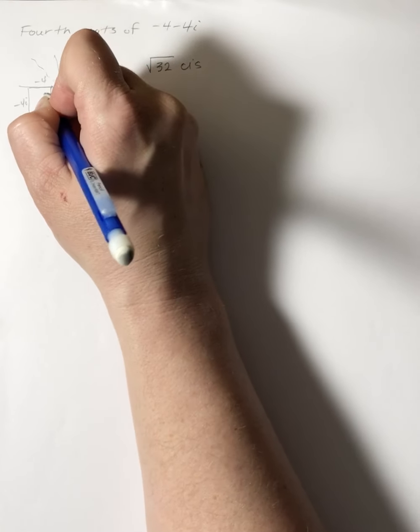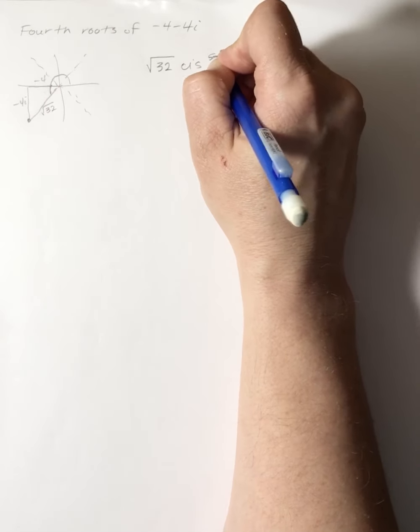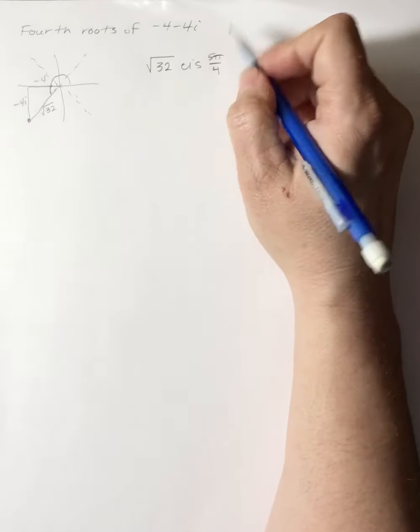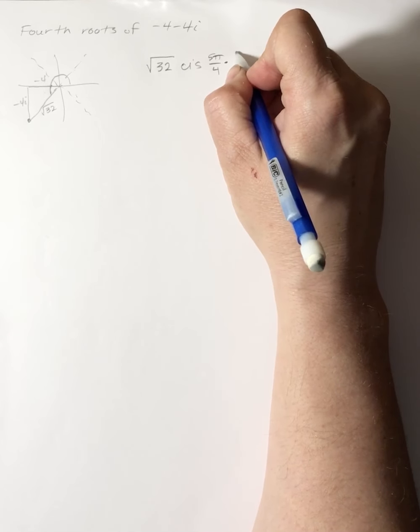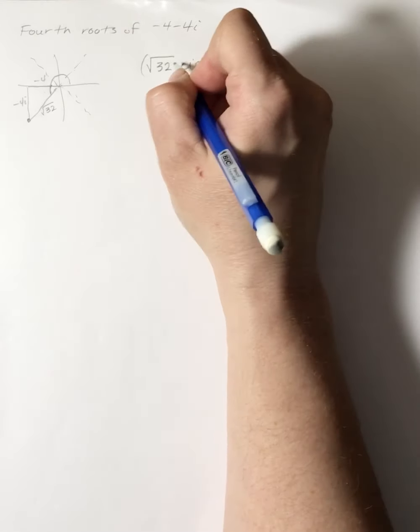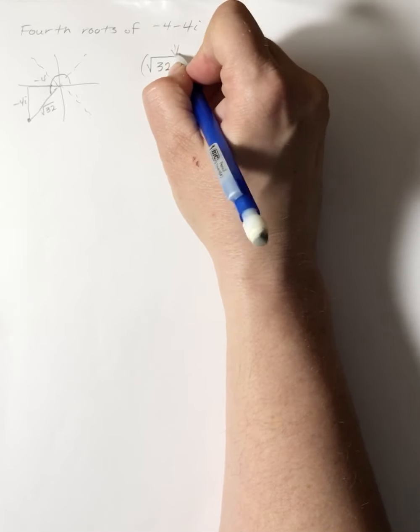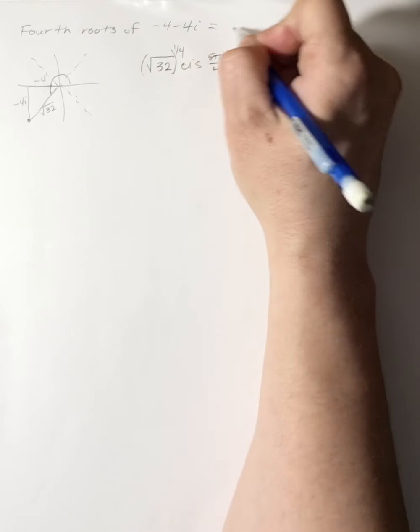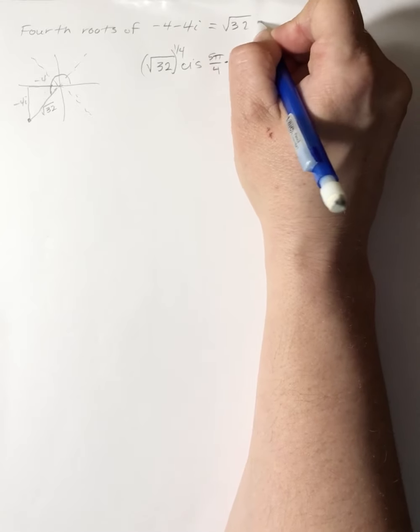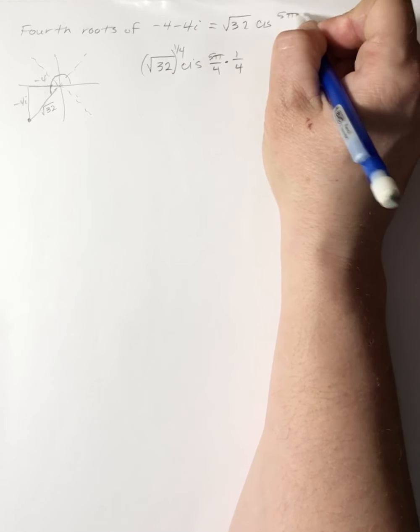Well, this is pi fourths, so it is 5 pi fourths, okay? And I have to take 5 pi fourths times 1/4, and I have to take the square root of 32 to the 1/4 power. So this was equivalent to the square root of 32 cis 5 pi fourths.